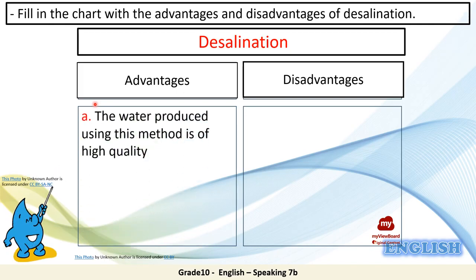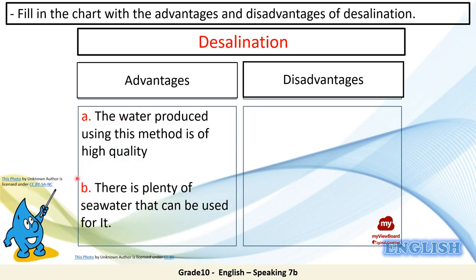The first advantage is the water produced using this method is of high quality. And advantage number 2, there is plenty of seawater that can be used for it. Especially here in a country like Qatar, we have waters surrounding us and they can be used in this method.